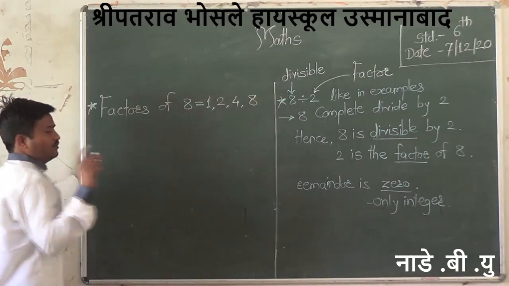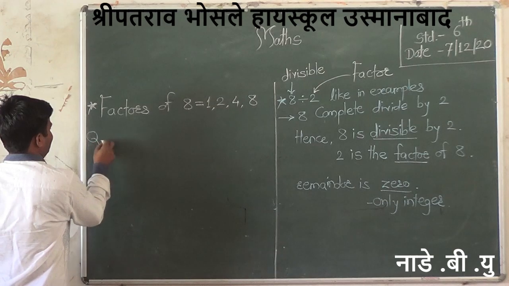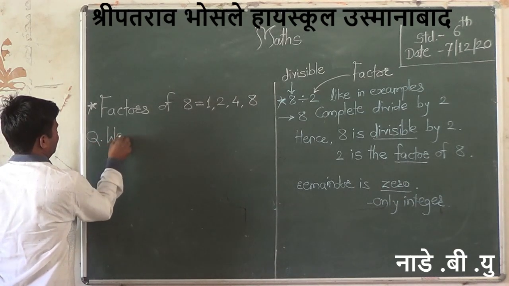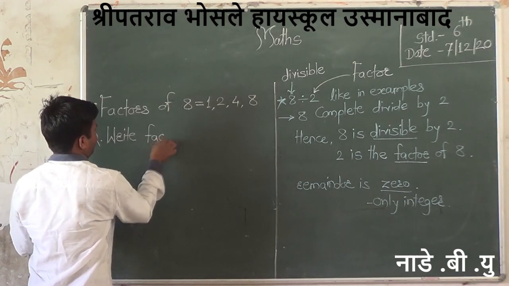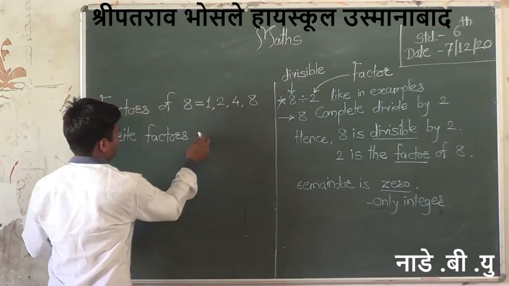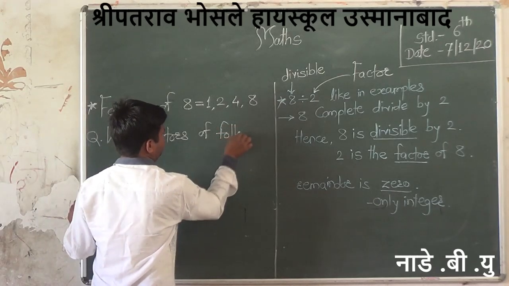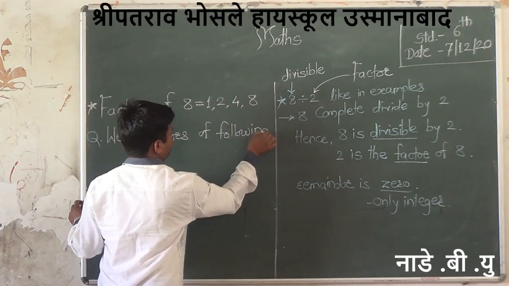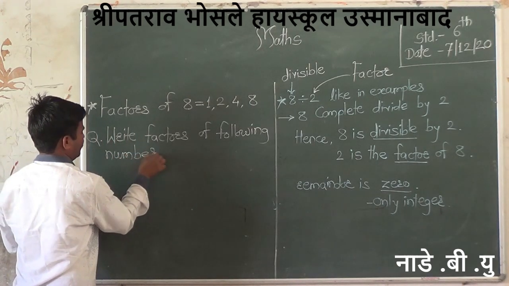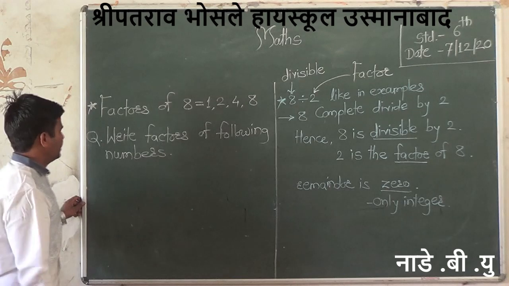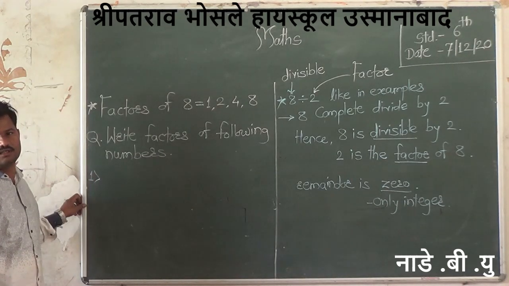Here your homework question is: write the factors of the following numbers.